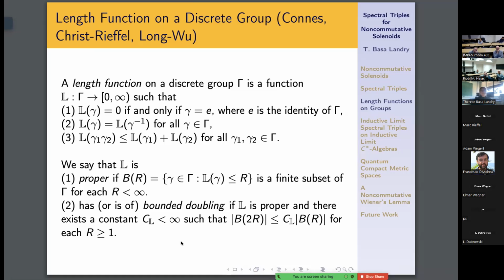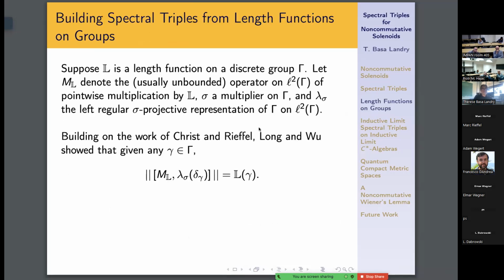So how does one build spectral triples from length functions on groups? Well, if you have a length function on a discrete group, then take as an operator this usually unbounded operator on the L2 functions of pointwise multiplication by the length function, a multiplier on the discrete group, and the left regular projective representation of the group on the L2 functions. And here's one of the key equalities, building on the work of Christ and Rieffel.